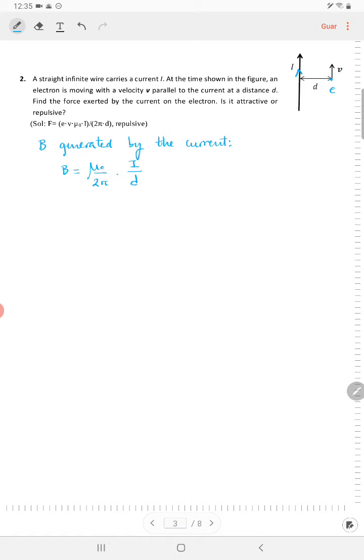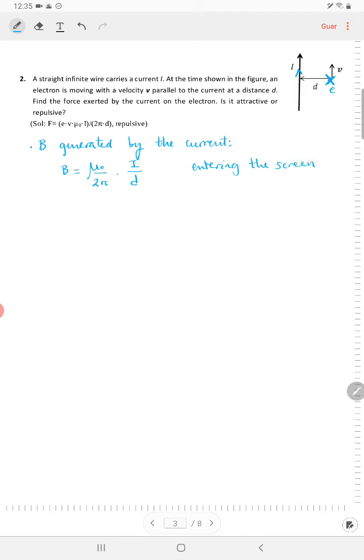So in this case, your fingers will enter the screen at the point where you have the electron. That means that the magnetic field we can represent by an X, meaning a vector that is perpendicular to the screen and entering it. So we jot down here that it is entering the screen.